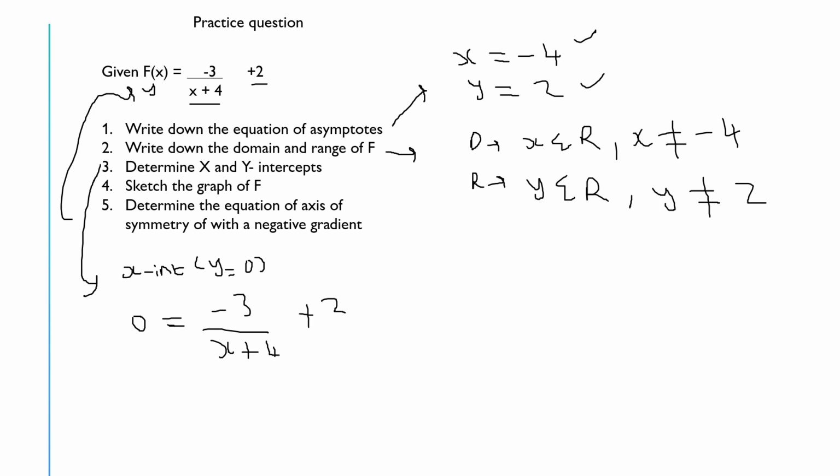From there onwards, we know that the number here, which is 2, must go to the other side. So it will be -2 this side, and then -3, and then everything over x + 4.